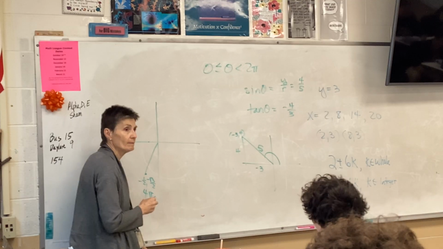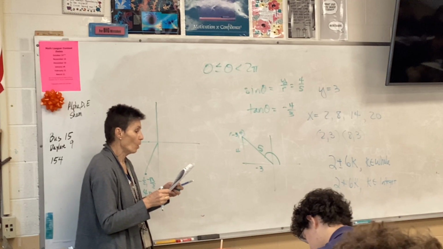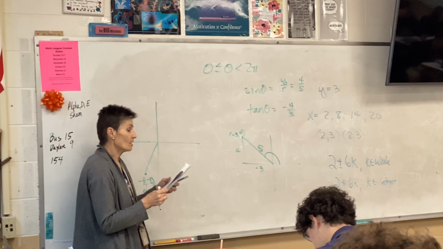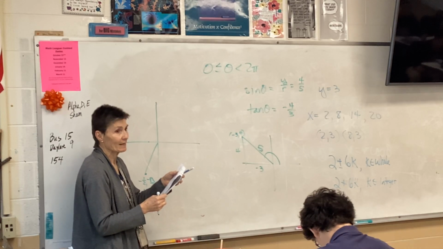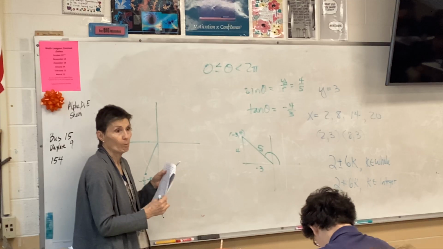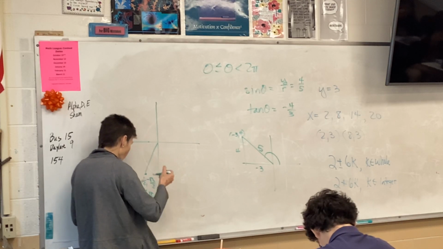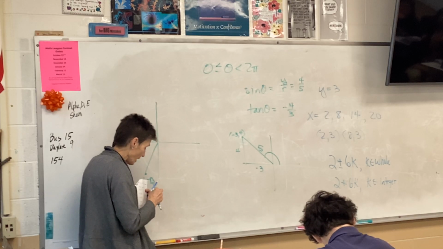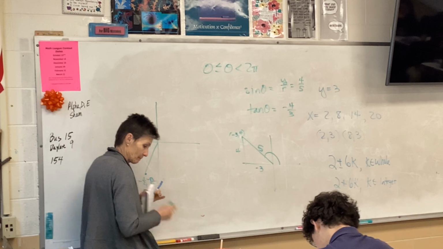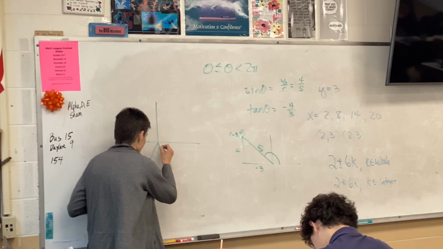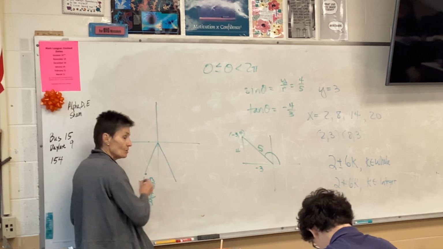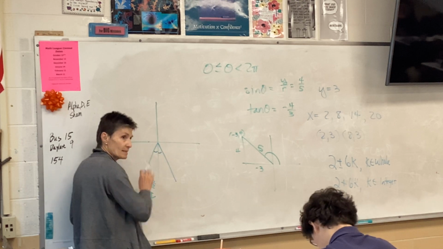Exactly. Now, we're going to reflect it across the y-axis onto point M. So we're just going to fold it across the y-axis, and it's going to look like this. Does that make sense to you? So this angle and this angle are going to be the same.